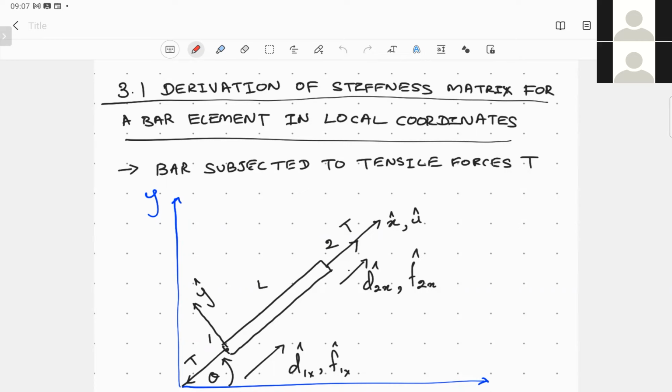Then after we have the transformation matrices in the global coordinate system, we can start the assembling process. We can assemble all the element stiffness matrices to come up with the total global stiffness matrix. All of these steps will be done by considering a truss element or truss assemblage today.